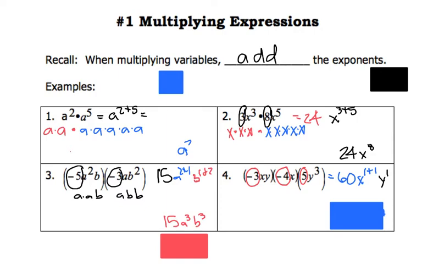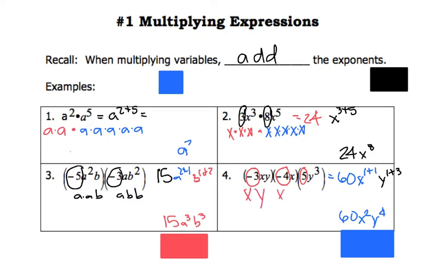But in the last parentheses, there are 3. So when we break that down and we add those exponents, we get 60 x squared y to the 4th. Again, please remember, if you totally don't get how to do that part, you can always just write down all of the letters out and you can easily add them up yourself.